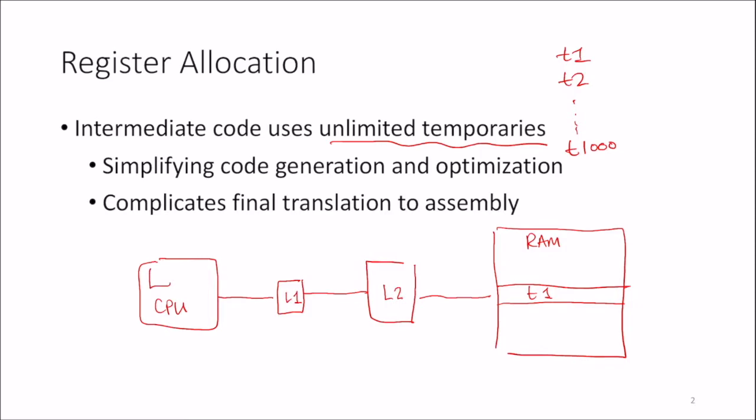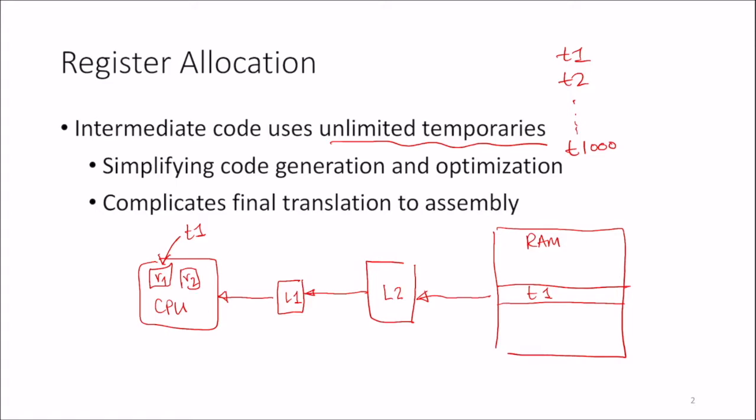And then finally in here, there will be a register R1, a register R2, etc. So when we want to actually execute a CPU instruction, we have to first collect T1. It might get stored in the L2 cache, and then in the L1 cache, and then finally T1 might get loaded into register R1, and then we can use it. But this is, as you can see, an expensive operation.